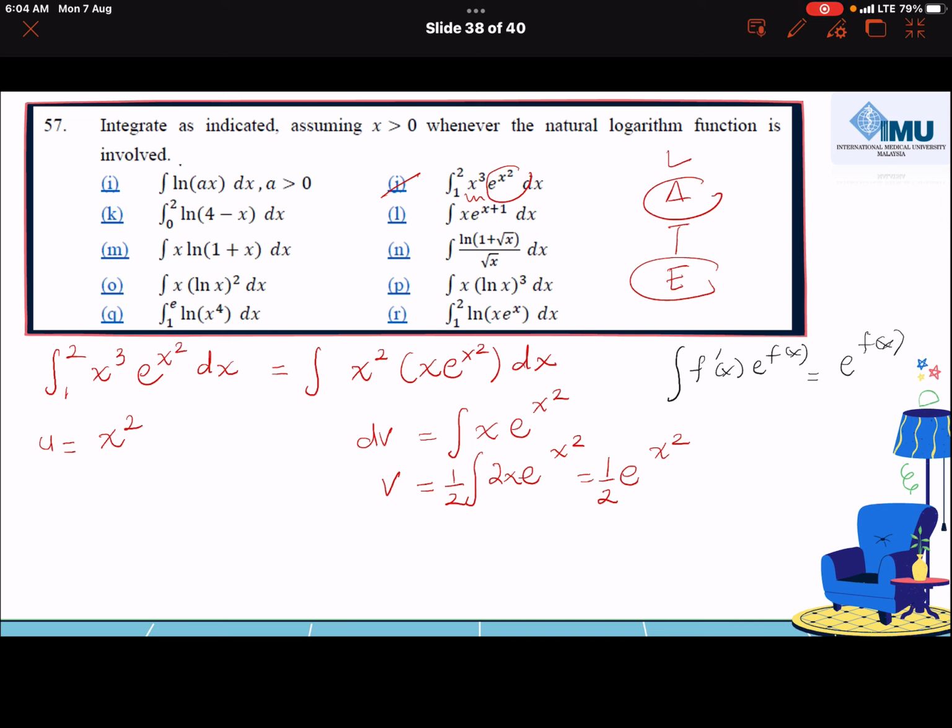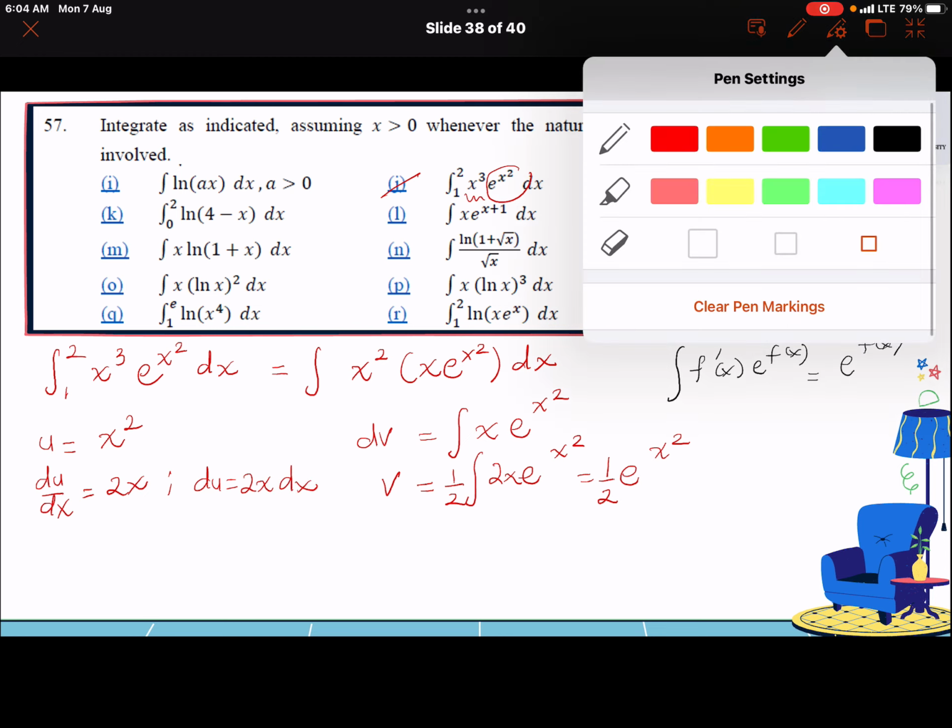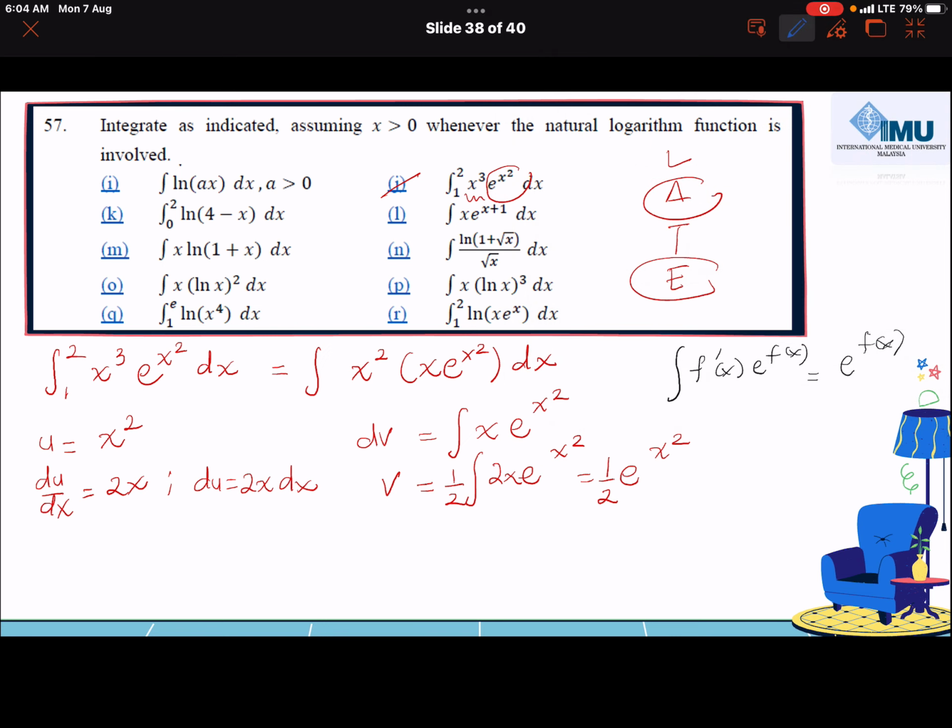How about your u? Yes, your u, you just simply need to differentiate your u with respect to x, obtaining the result of 2x. Rearrange it, you know your du is equivalent to 2x dx. Now your next job is to use the IBP formula, which is uv minus integration v du.